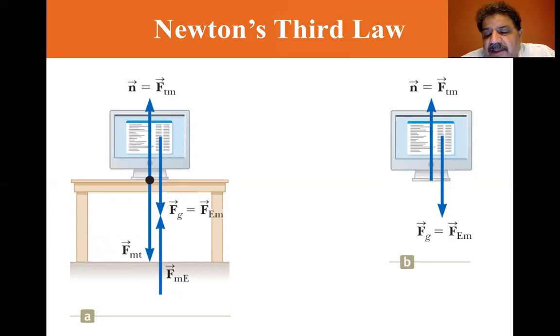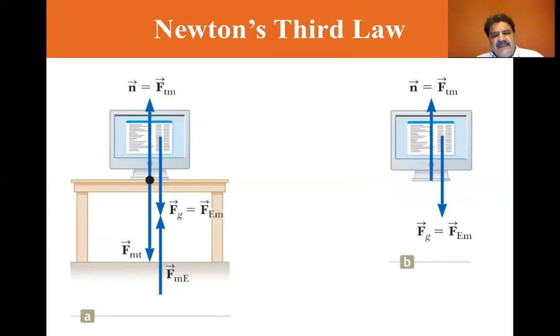The monitor does not accelerate, it's held up by the table. The table exerts on the monitor an upward force, N, the normal force, and it's FTM, the table on the monitor. Normal means perpendicular in this case. If you have a surface, the normal to the surface is perpendicular to the surface.